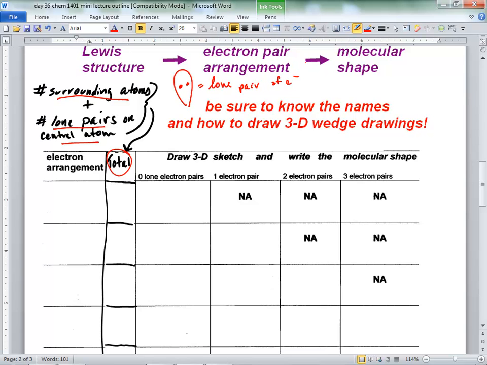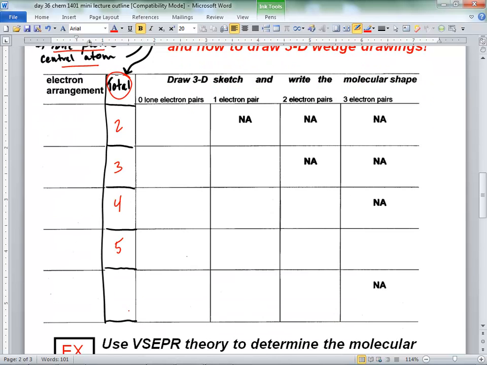So the total number of things surrounding that center atom could be 2, 3, 4, 5, or 6. Especially if there aren't any lone pairs, if we had 2, we called it linear. Then we had trigonal planar, and spelling counts, then tetrahedral.